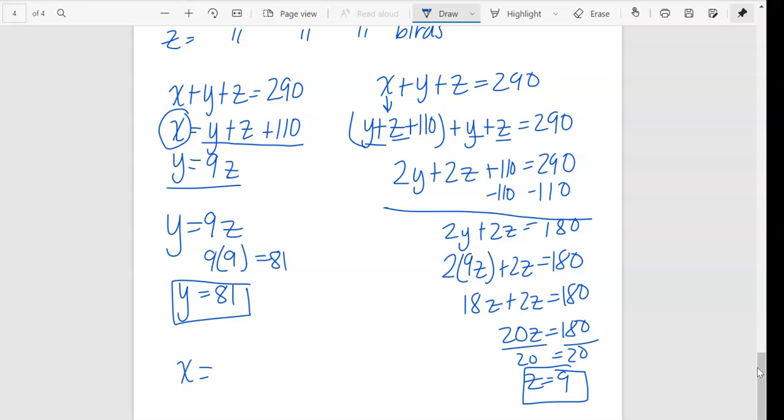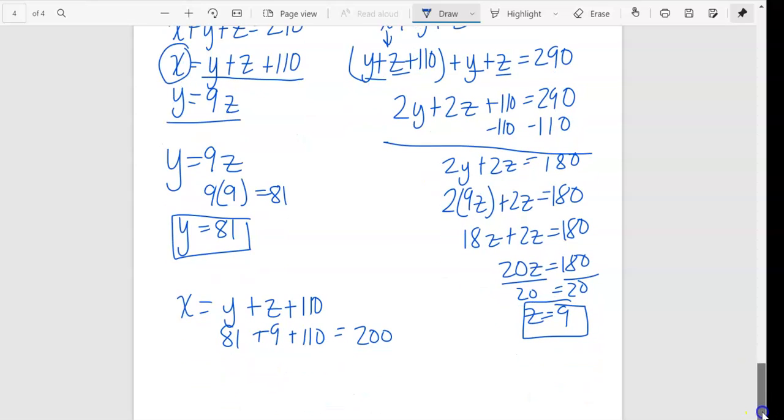The bottom was a little bit easier: X equals Y plus Z plus 110. Well, Y is 81, Z is 9, plus 110 is 200. So that means X is going to equal 200. Okay, and so that is the end of this section, 3.6.